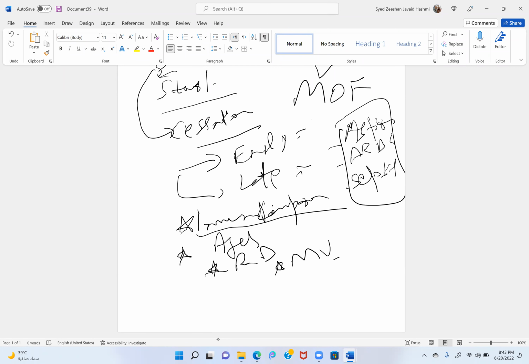Actually, these are all friends: ARDS, sepsis, VAP, and MOF, multi-organ failure. They are close friends. One thing occurs, it can lead to the other.